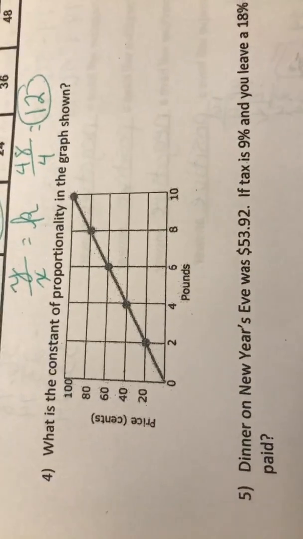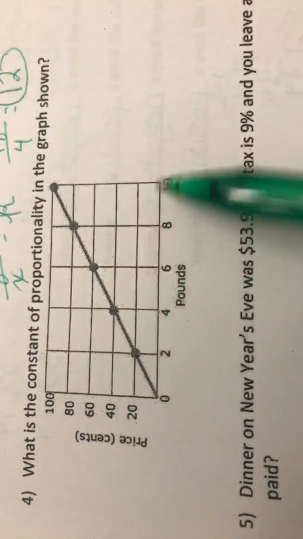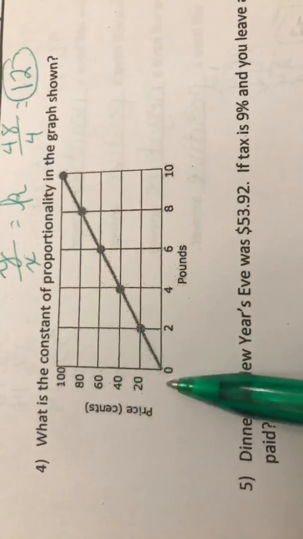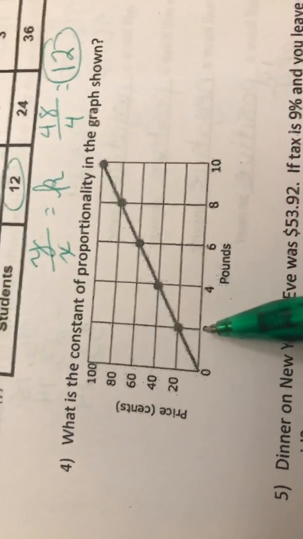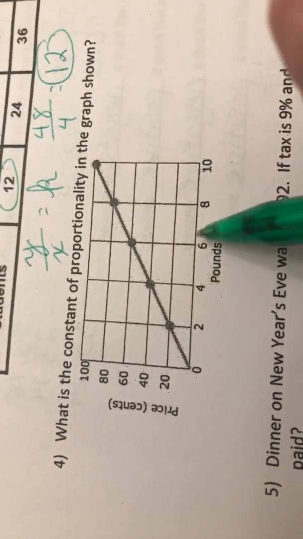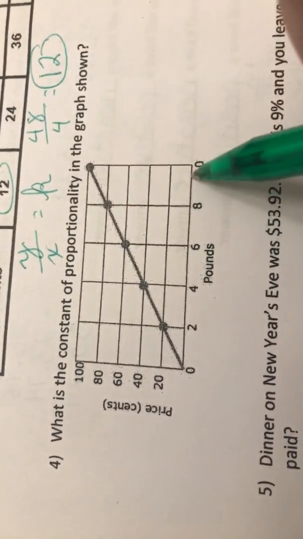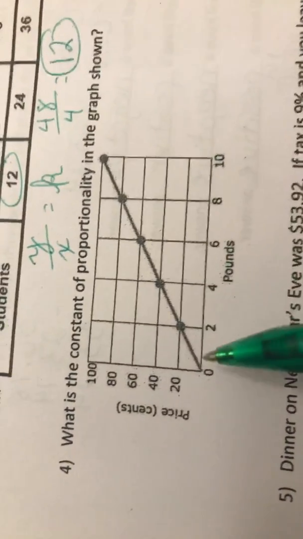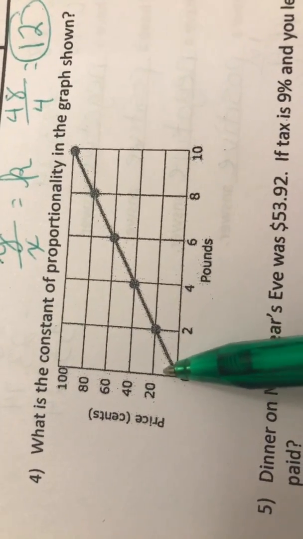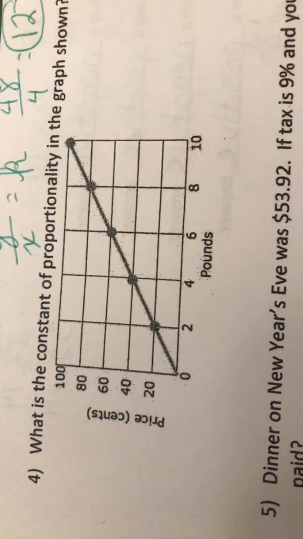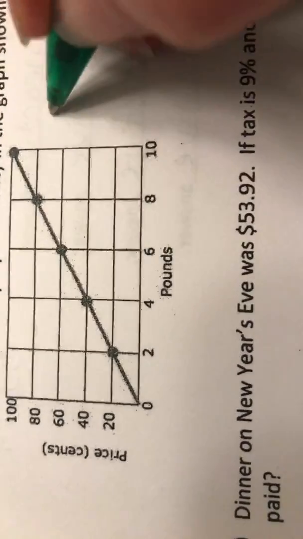In number 4, we have pounds, we have a price in cents. We have points at 0, 0, 220, 440, 660, 880, and 10, 100. We do not have an x value of 1 as a specific point, so we're going to have to use one of the others.